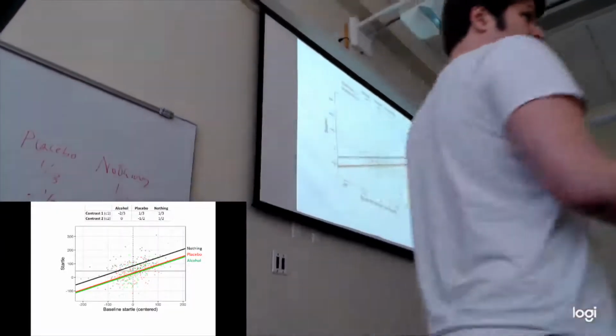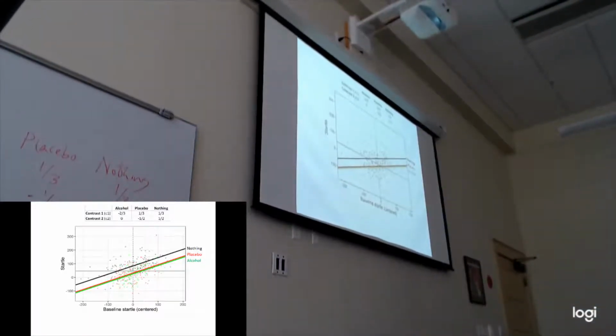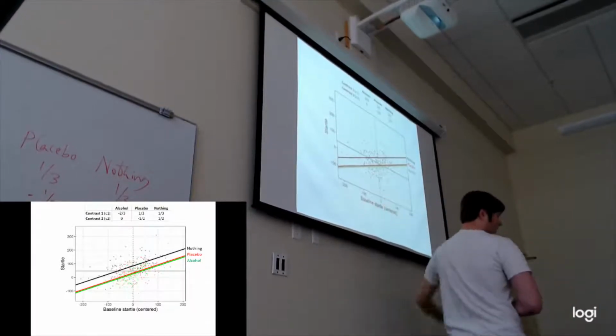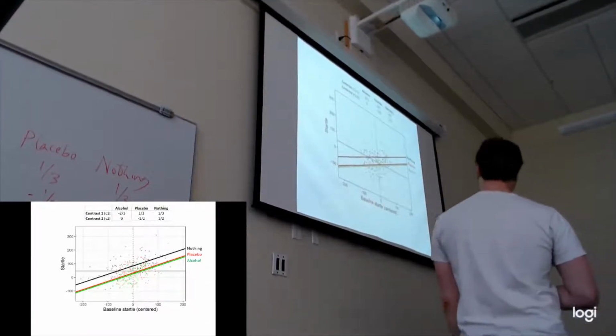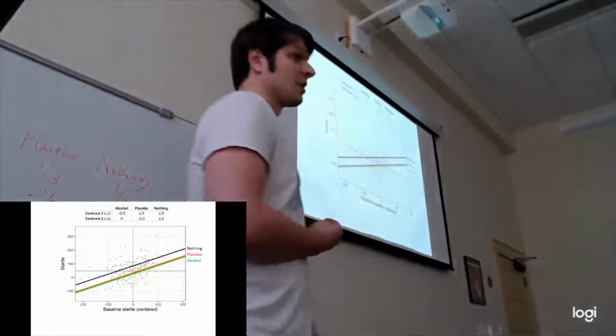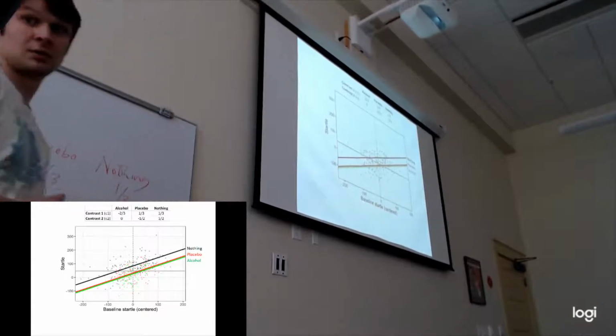And I can plot prediction lines for each of those three groups. This green line is the prediction line for people who were given alcohol. The red line is for people who were given placebo. The black line is for people who were given nothing.